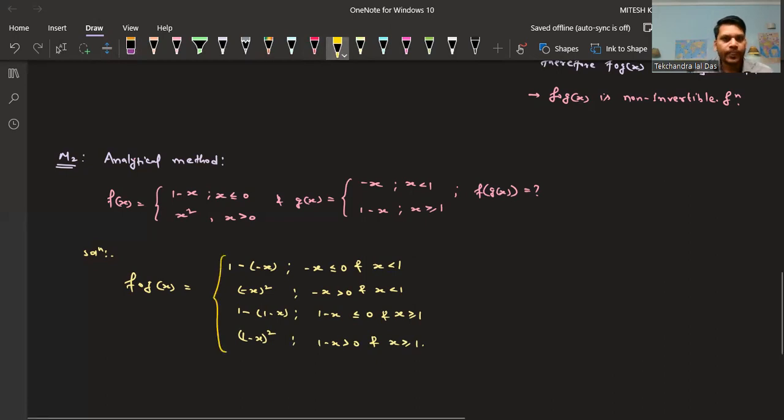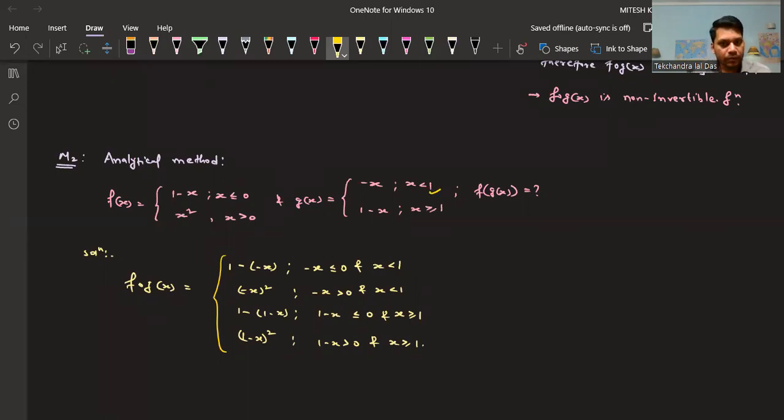So again, let's discuss what we have done here. Suppose you have to find f of g(x). We'll take any branch. I have taken the first branch here, g(x) equal to minus x for x less than 1. For that we'll put minus x everywhere in f(x): 1 minus of minus x, and we put this minus x in the place of x in the condition less than or equal to 0, and intersect this with the interval of this one.